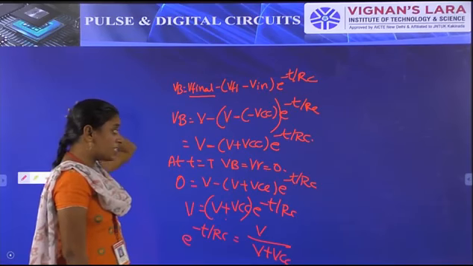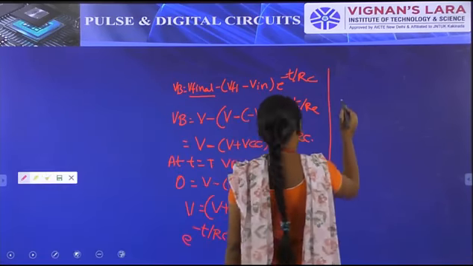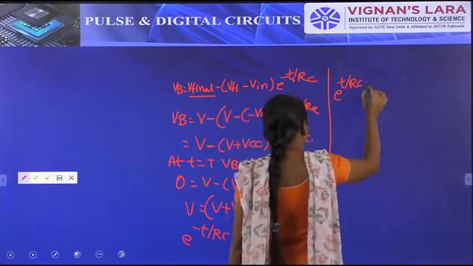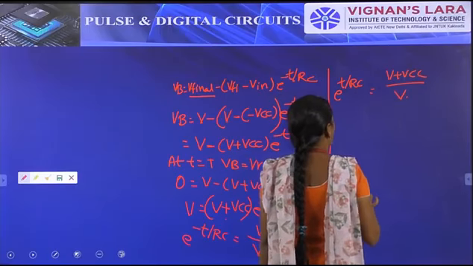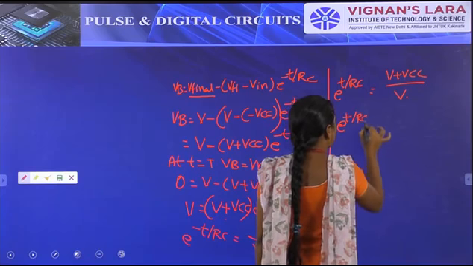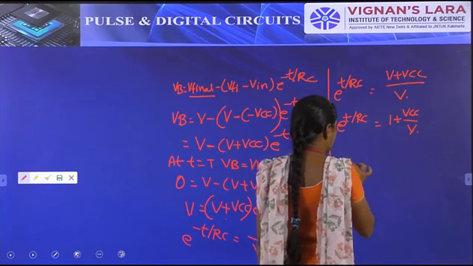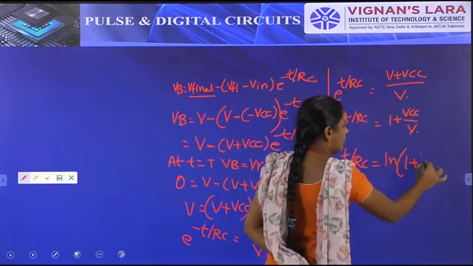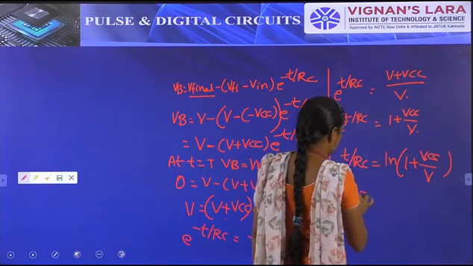It becomes (V plus VCC) by V. So simply e power T by RC equals (V plus VCC) by V. It can be written like this: 1 plus VCC by V, and the T by RC becomes ln of 1 plus VCC by V, and t becomes capital T or small t.